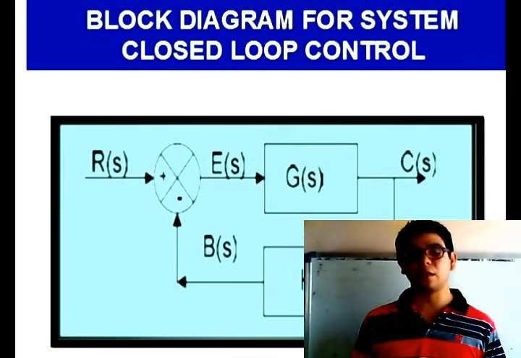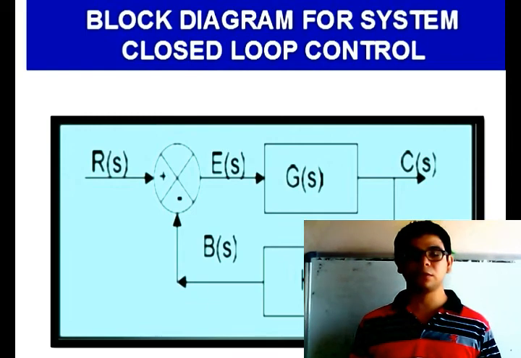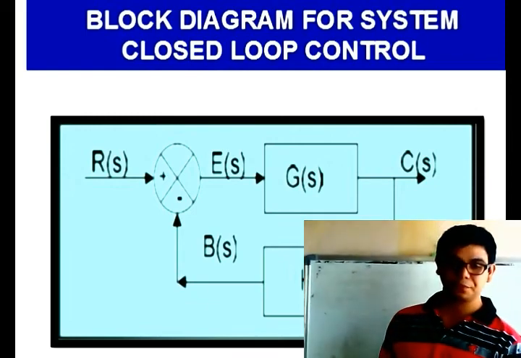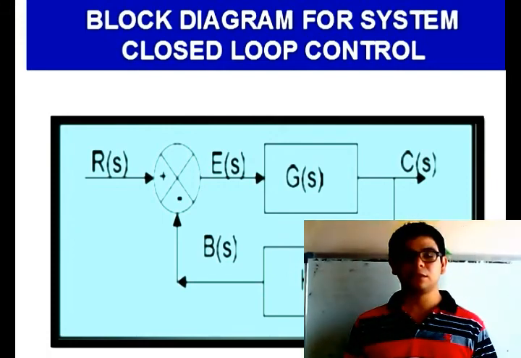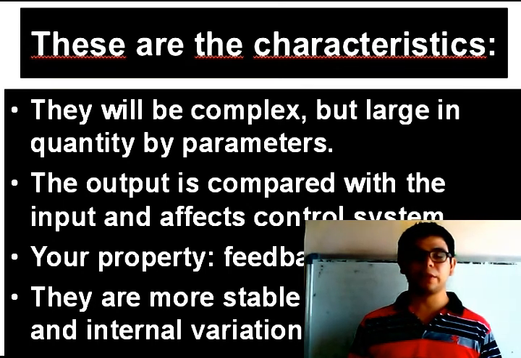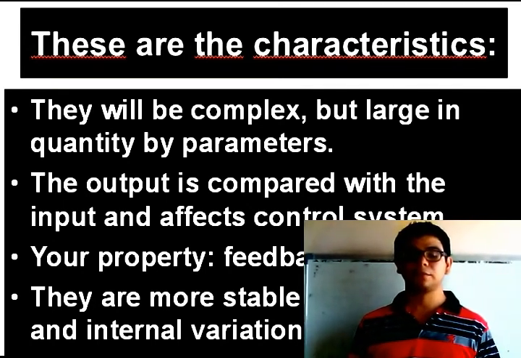This is an example of a block diagram for a closed loop control system. These are the characteristics. They are more complex, with a large number of parameters.